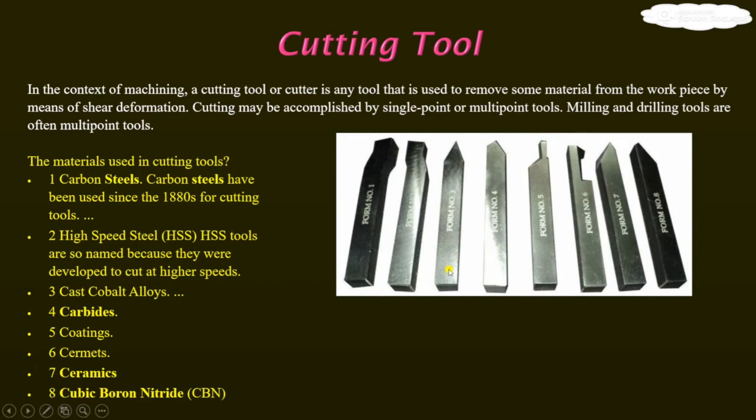The cutting tool material is something different from the common workpiece material. So what is the difference? The difference is it should have high strength, means high hardness. Say the workpiece means the job. Generally, if the material is mild steel, compared to this mild steel, the cutting tool material should be hard.